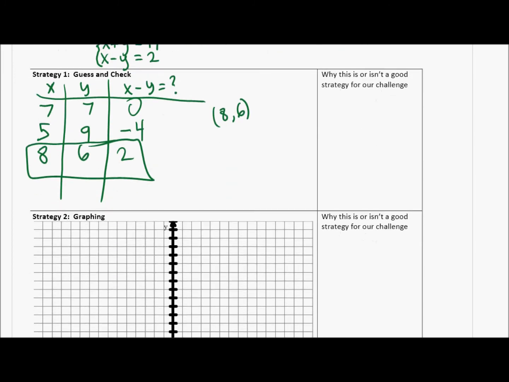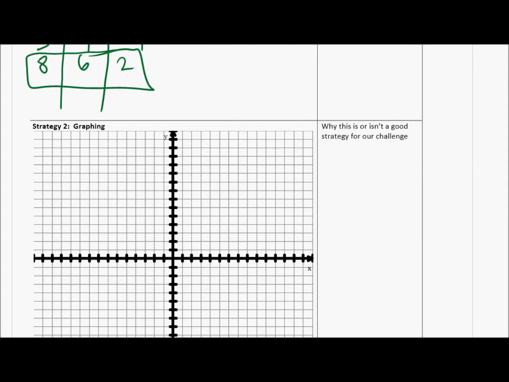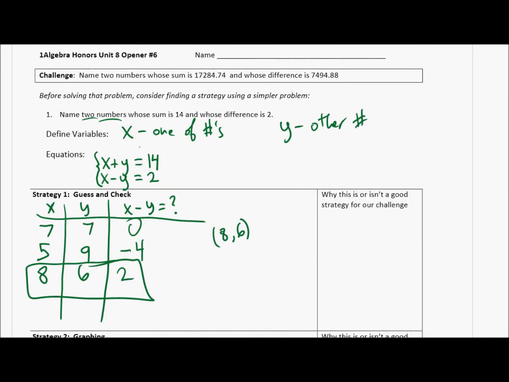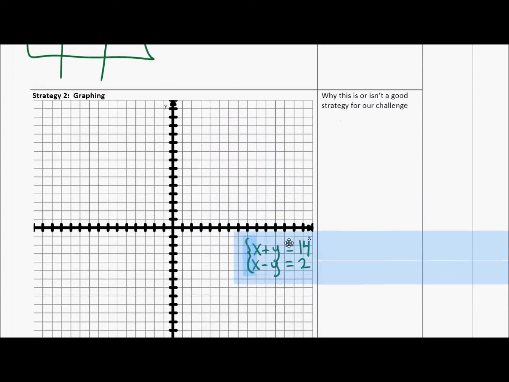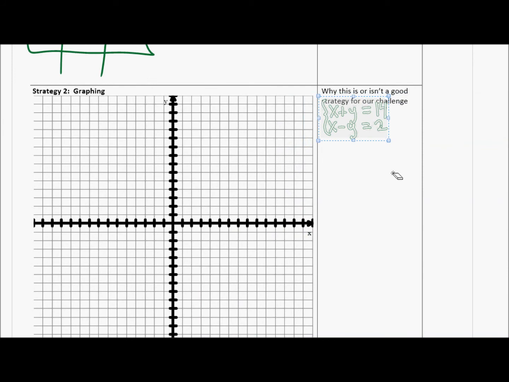I've got x plus y equals 14. Let me drag my equations down here. Okay, x plus y equals 14 and x minus y equals 2. So I can graph these pretty quickly and easily.